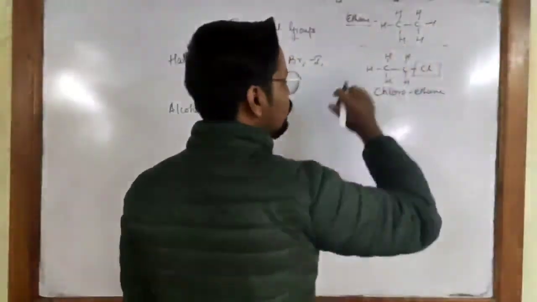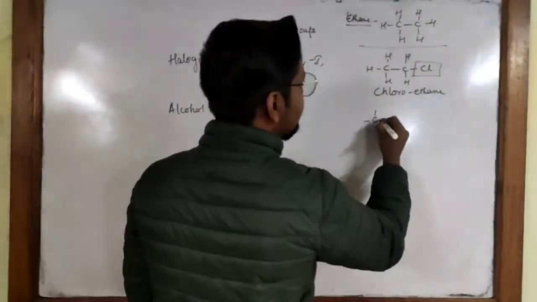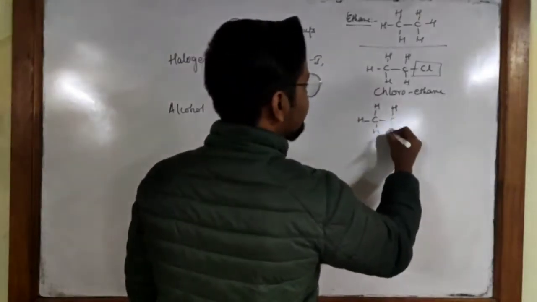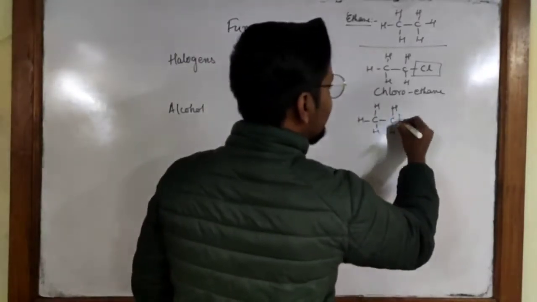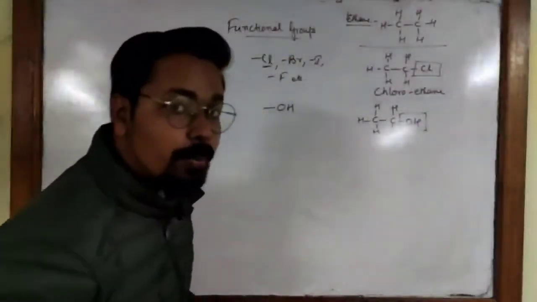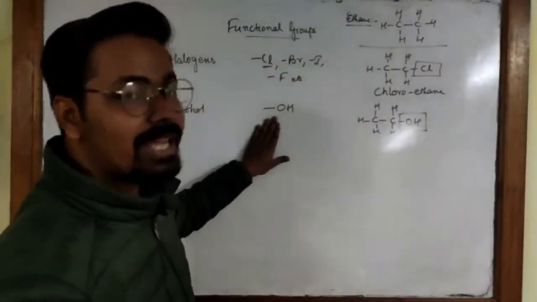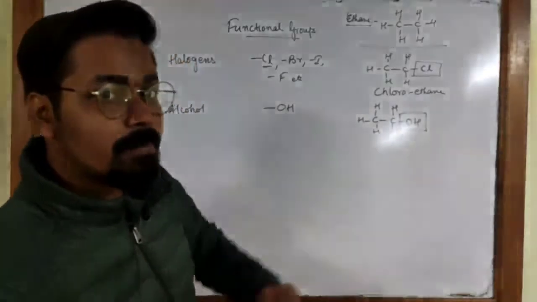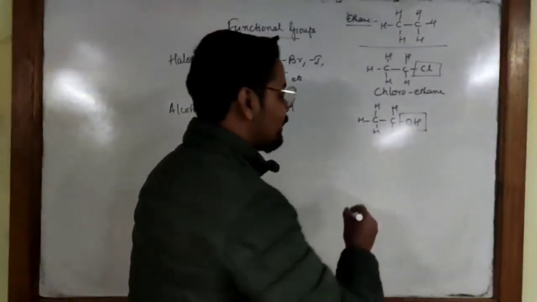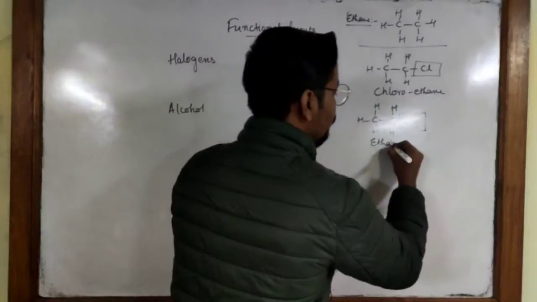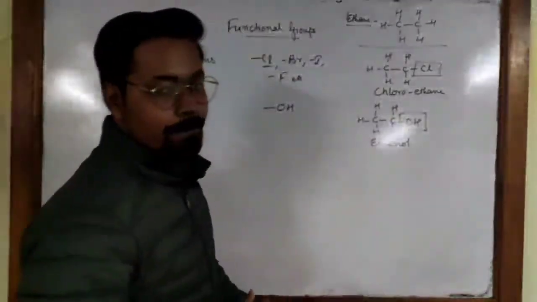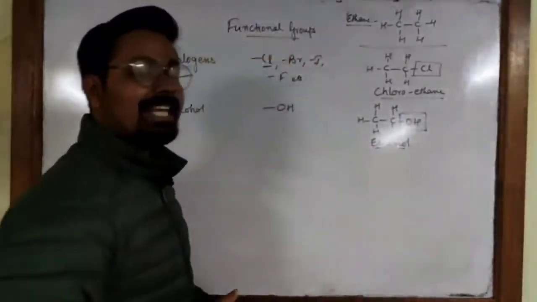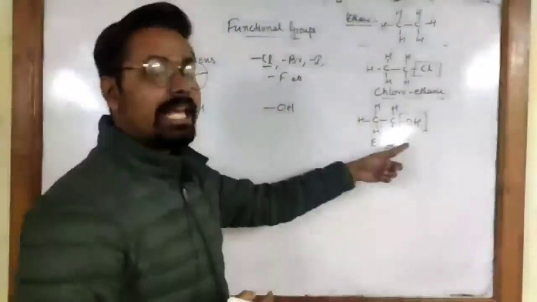Again, let us replace this hydrogen and we get C2H5OH. So here I have attached the functional group. On attaching the functional group OH, this is converted into an alcohol, and hence the name of this compound is now changed from ethane to ethanol. Here it was chloroethane, now it has become ethanol because it is converted into an alcohol.